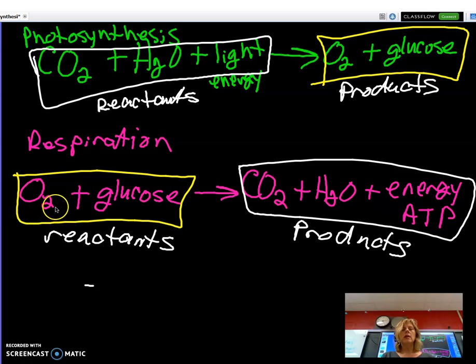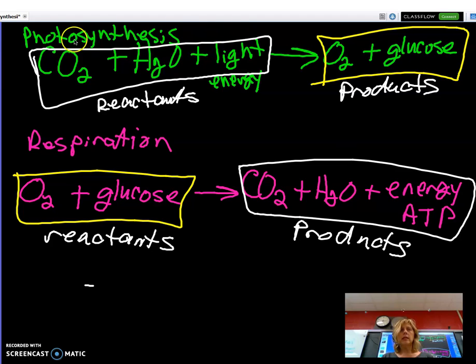So we take oxygen and glucose and other molecules and we break that down into carbon dioxide, water, and energy in the form of ATP. The energy that's used in photosynthesis is light energy. The energy that's produced in cellular respiration is ATP energy.